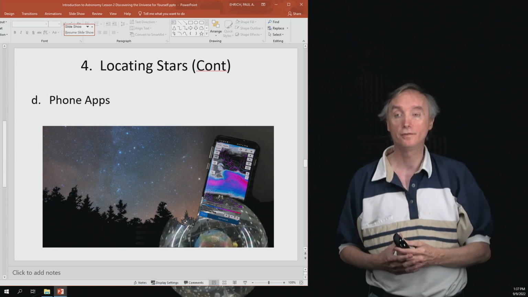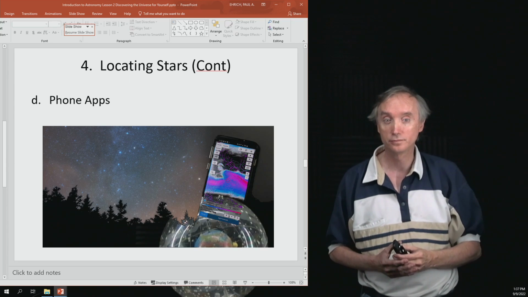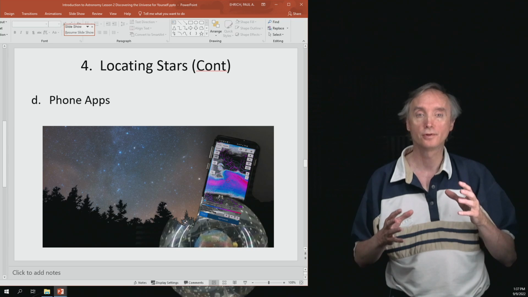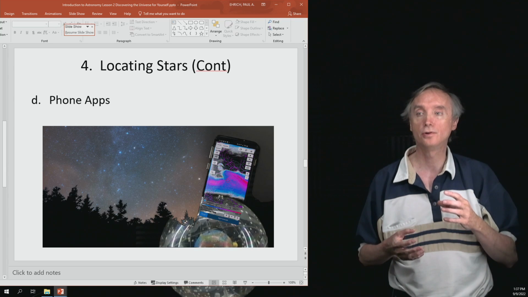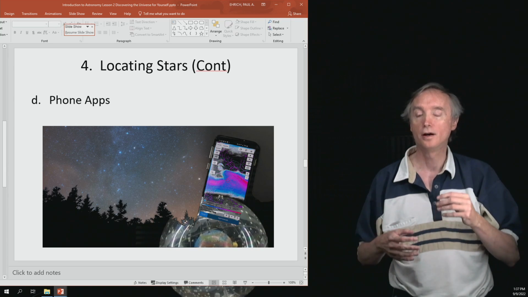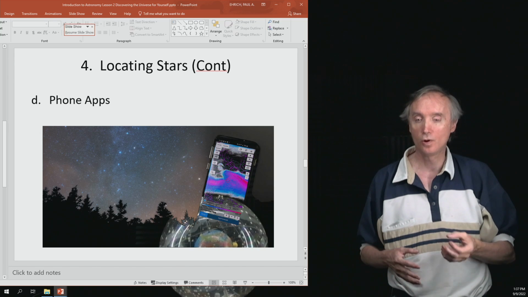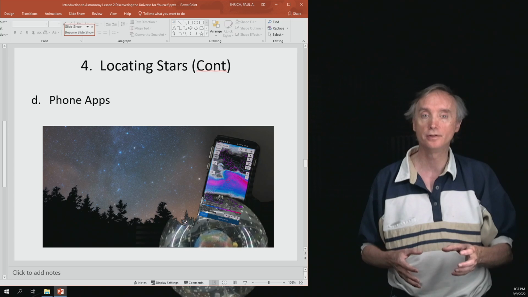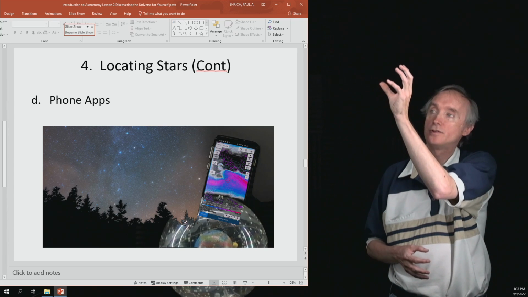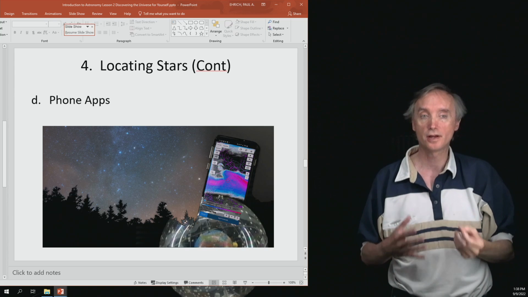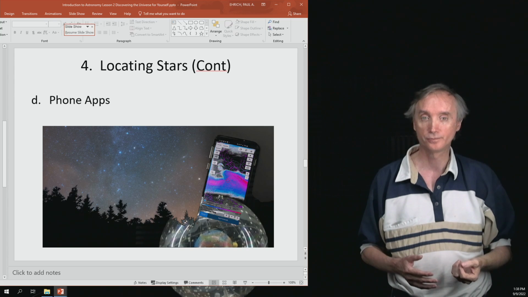Well, another way of doing it is by using your cell phone. You can download particular apps that go on it, and one of them is called Sky Eye, which I've found is very good. It's free, and once you've downloaded it, you can take your cell phone and just point it at a particular constellation, and your cell phone will tell you the name of that constellation.